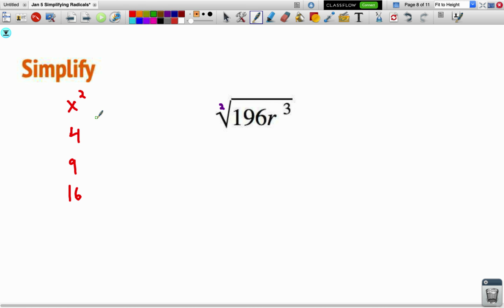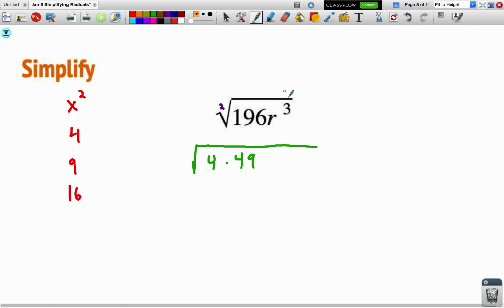I do see that 4 fits into 196. Well, let's take out just the 4 and see then if there's anything left. So 196 divided by 4 is 49. So I can split this into a 4 and a 49. We'll keep this all still under the square root.